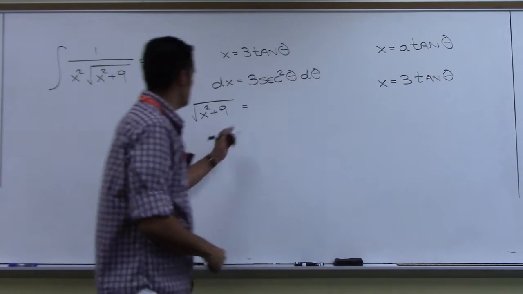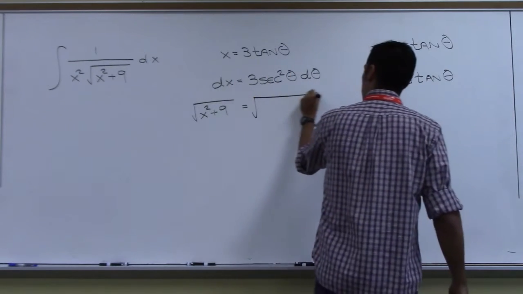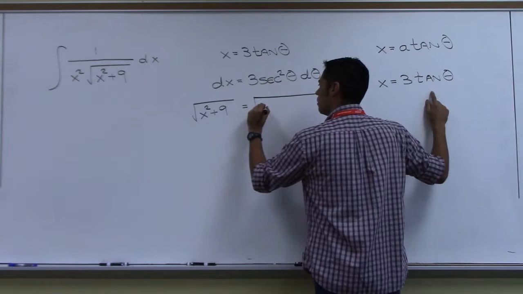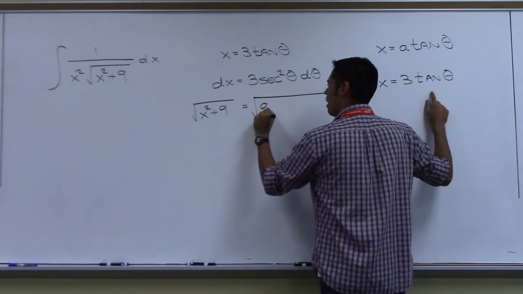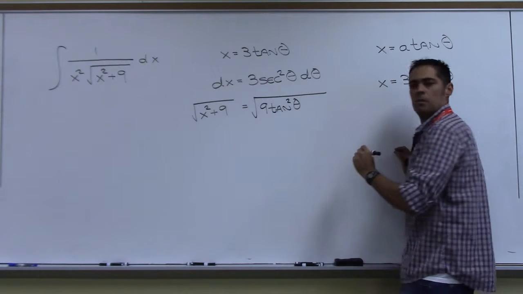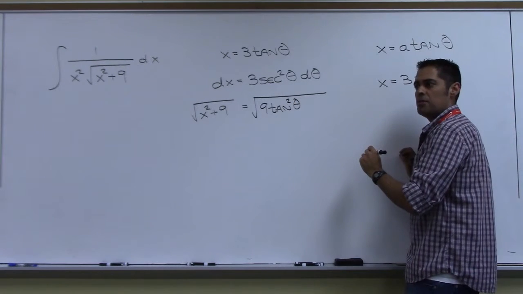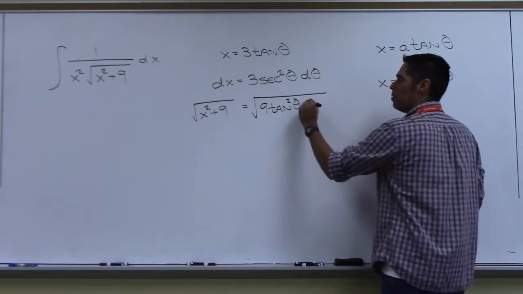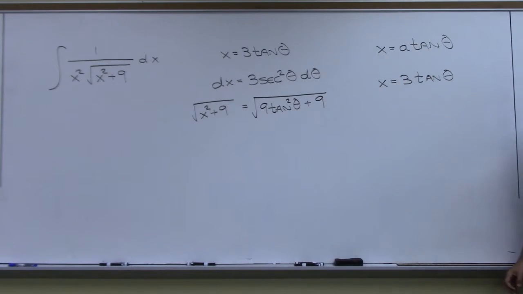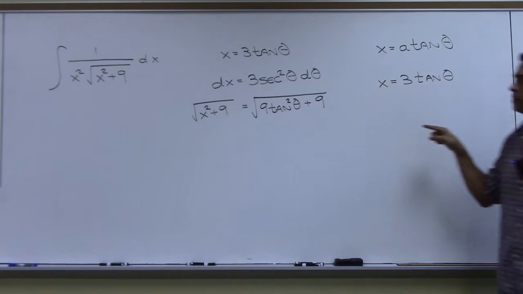So replace x with what? 3 tan theta, so it's underneath the root. So what do you get when you square this? 9 tan squared theta. It's what you get when you square x. Then plus what? 9. 9 can come out of both of these.